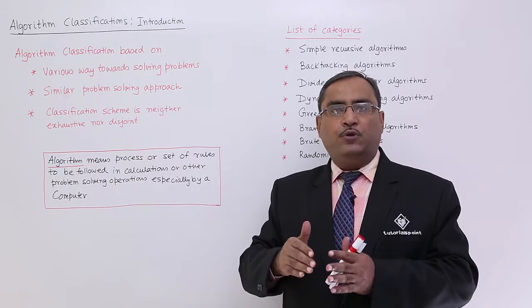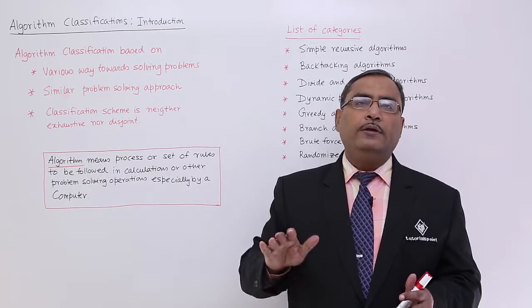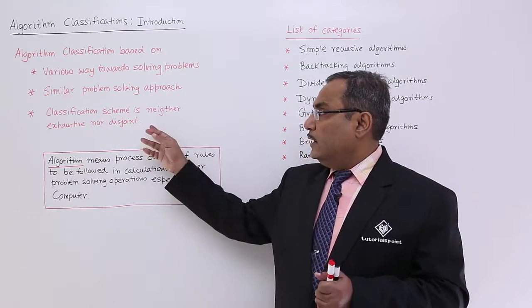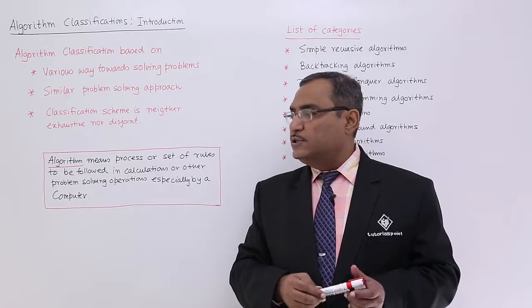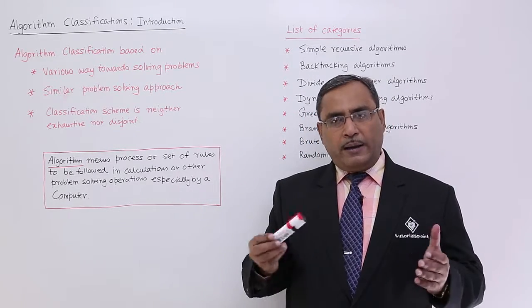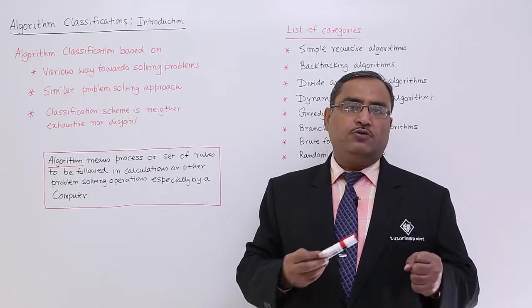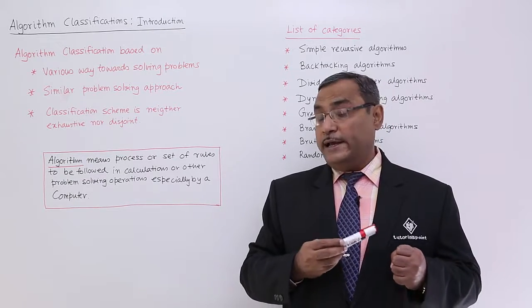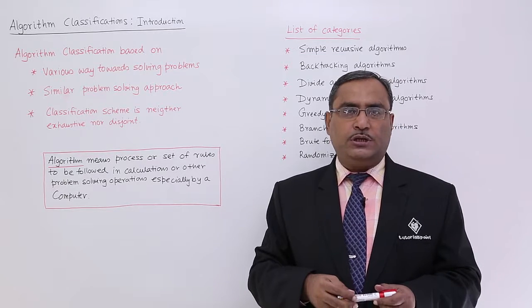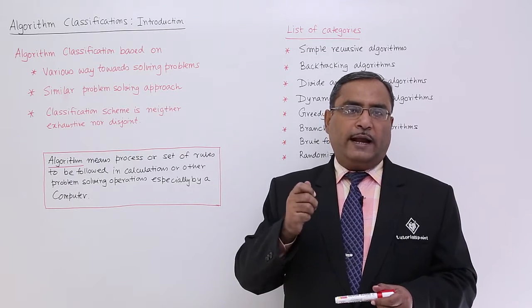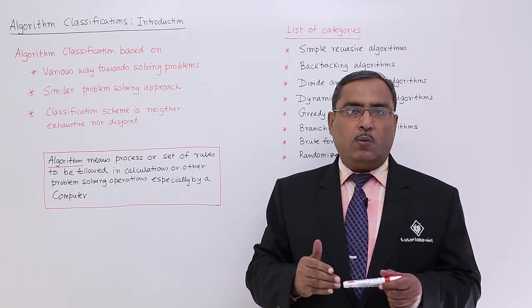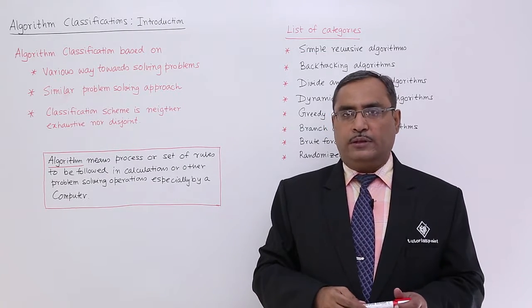And if the approach differs, then those algorithms will go to another classification. The classification scheme is neither exhaustive nor disjoint. So they might have some overlapping approaches, and it is not exhaustive in that sense. But depending upon the way in which we are attacking a problem towards its solution, that will decide what classification we are dealing with.